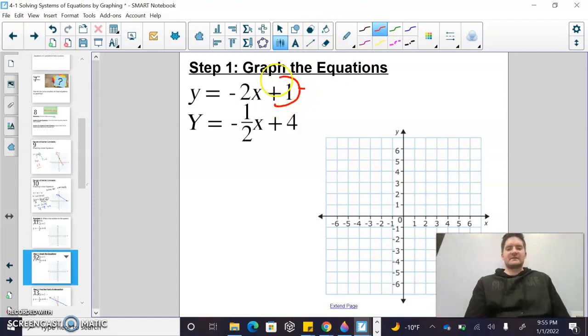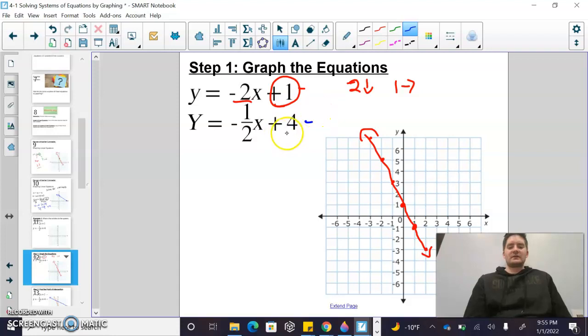We're just going to follow the same steps as before. We find the y-intercept, which is positive 1. Our slope tells us it's going to be 2 down and 1 to the right. And I'm just making the points on the graph. So that's the one there.